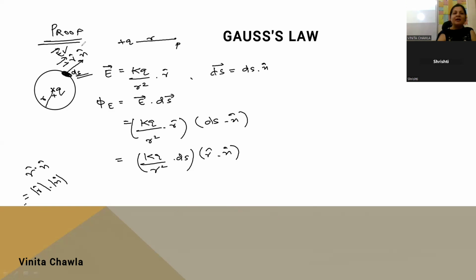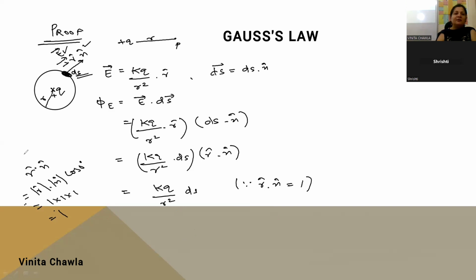So r cap and n cap are pointing in the same direction. What is the angle between these two? 0. So it's cos 0 degree. So 1 into 1 into 1: the magnitude of the unit vector r cap is 1, n cap magnitude is 1, cos 0 degree is 1, so we'll get 1. So this can be written as kq by r square ds only, because r cap dot n cap is 1.